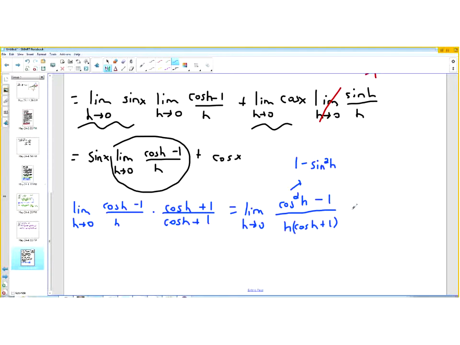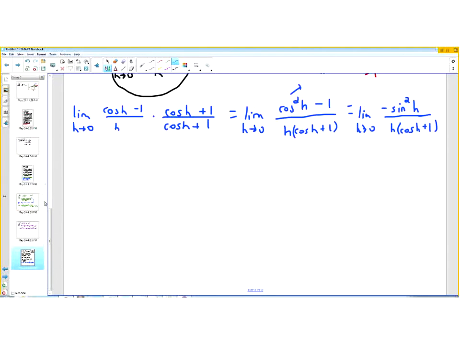And so if we plug that in, we'll have the limit as h approaches 0 of negative sine squared h over h times cosine h plus 1. Still an indeterminate form when we plug in 0. So let's factor the numerator.